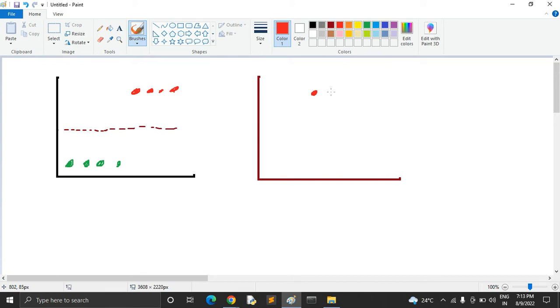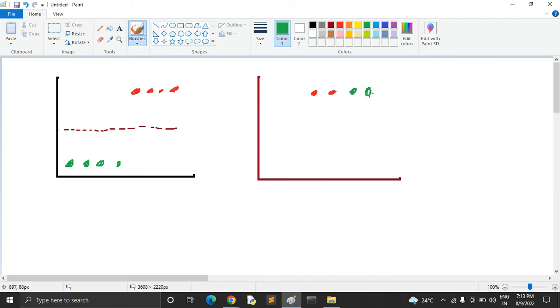Let's say this is the red class, but in this red class there is some impurity. That is, there are some data points in the group red which are from some different class.